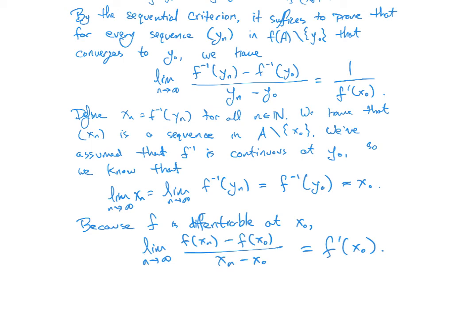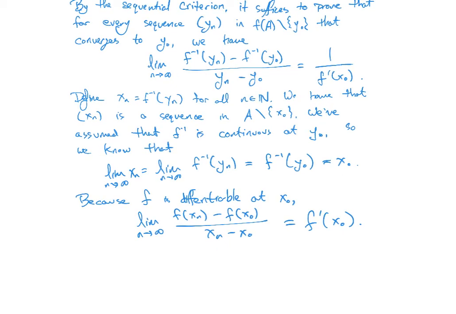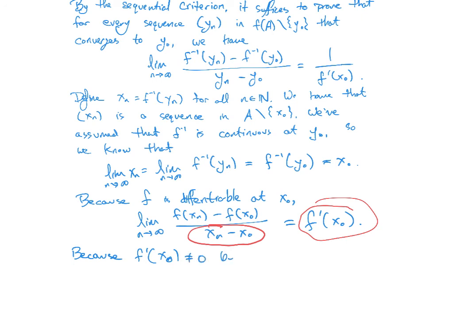Now, everything in here is non-zero. On the right, that's non-zero by hypothesis. The denominator is not zero. Why? Because x naught isn't in the set we're considering.